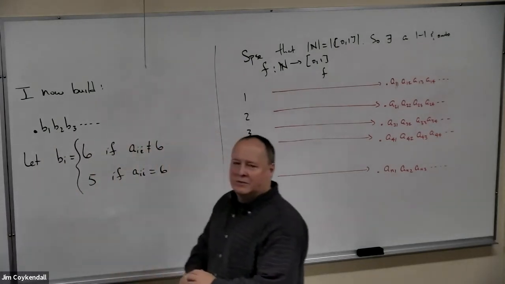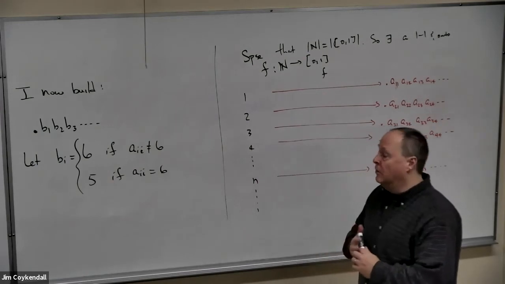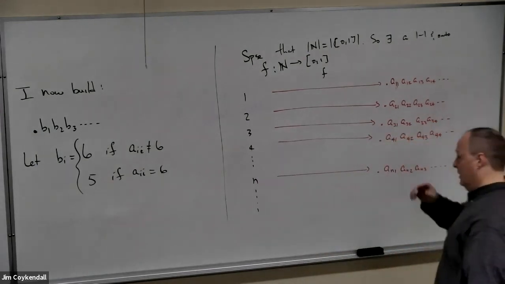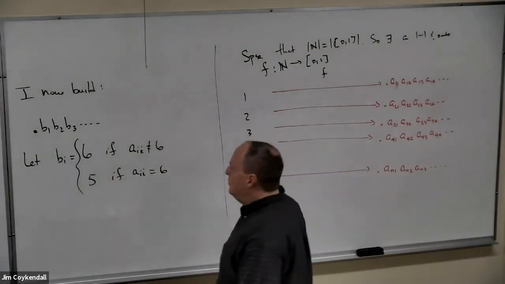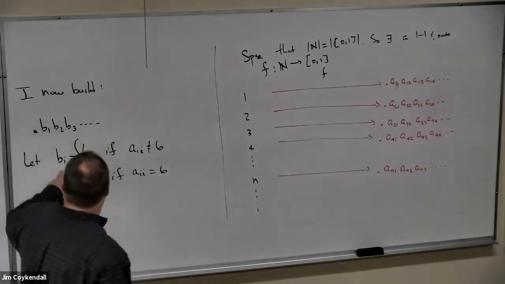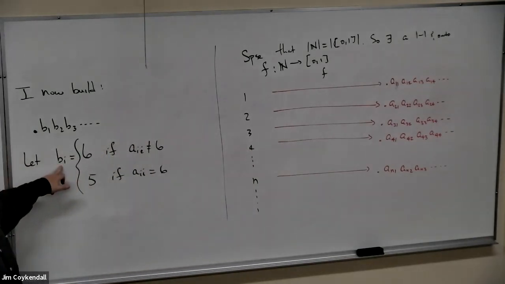My choices of 6 and 5 are arbitrary. I did want to avoid 0 and 9, so I didn't have to re-explain things. So this is the way I define B_i.